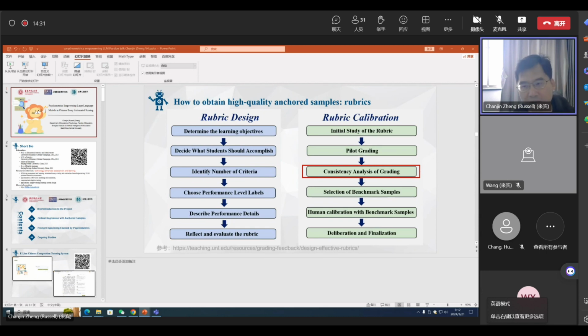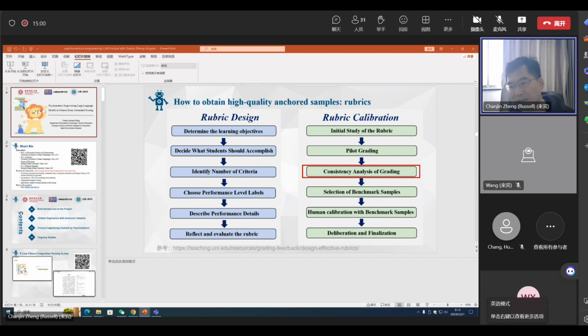The key question here is how to obtain these high quality anchored samples, which is quite routine in assessment because we are using essay rubrics, right? For rubrics, we have rubric design procedures, but today we are more focused on rubric calibration. If you have any experience in high-stakes assessment, you may have gone to a training session.